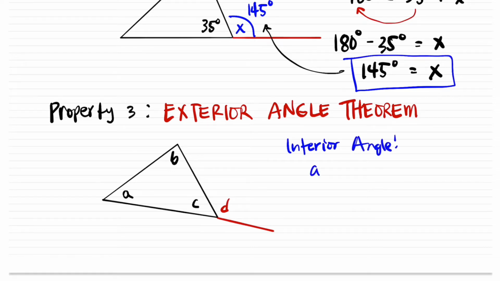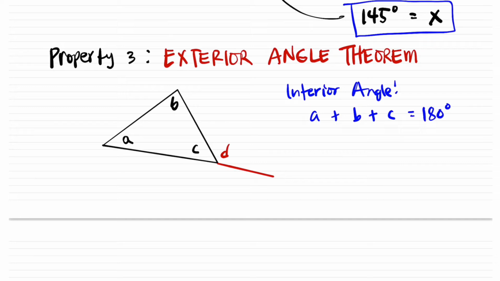We have A plus B plus C is equals to 180 degrees. Correct? Now about the exterior angle and the second property, we use the second property. It would be D plus C is equals to 180 degrees.